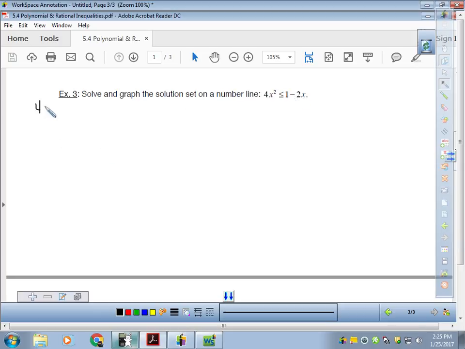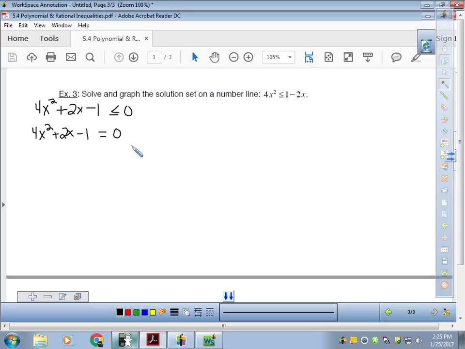So I will have 4x squared plus 2x minus 1 less than or equal to 0. Once I've made it 0 on the right-hand side, I'm going to replace the inequality with an equal sign. So I'll have 4x squared plus 2x minus 1 equals 0.